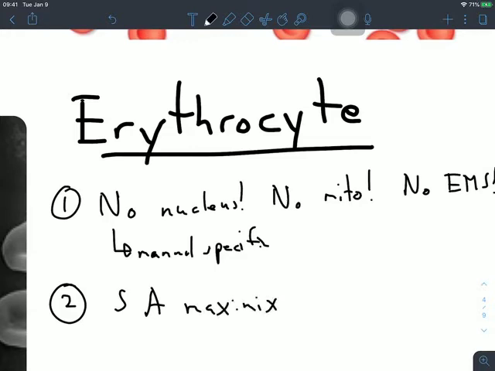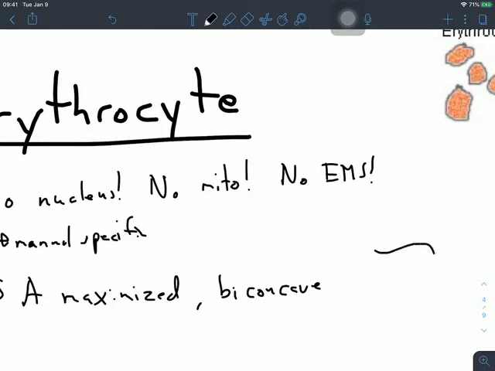Because they are biconcave, or that double-sided disc that dips in the middle on both sides so that they can absorb oxygen the most effectively.